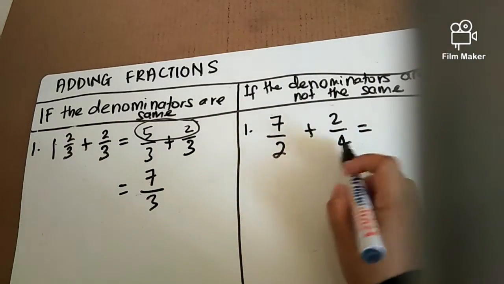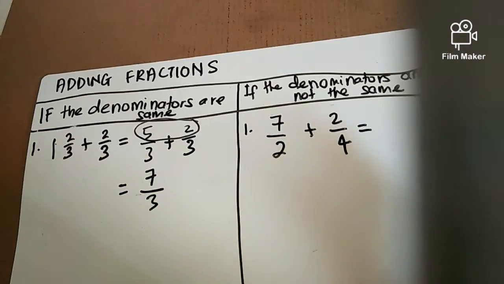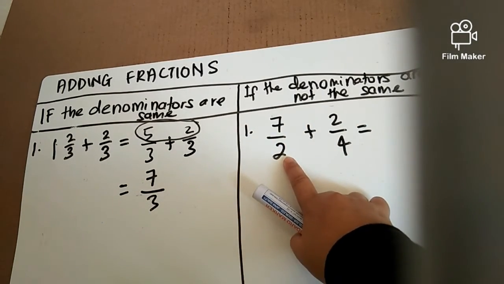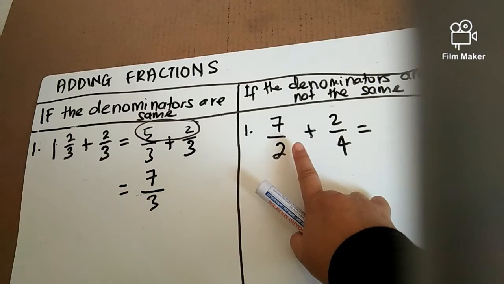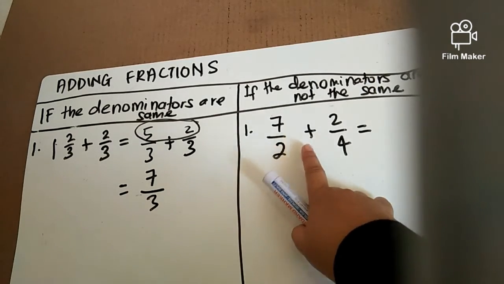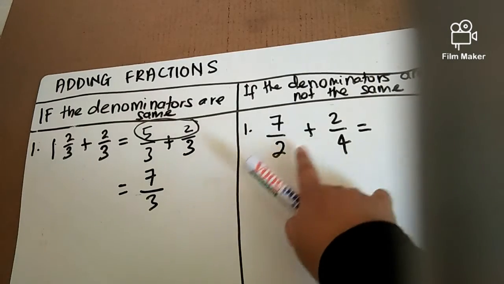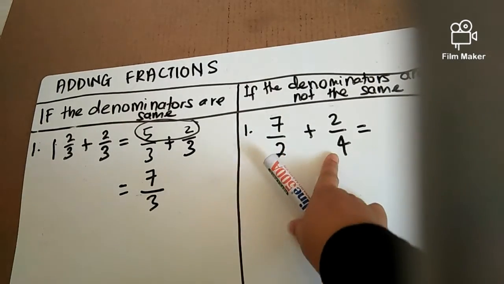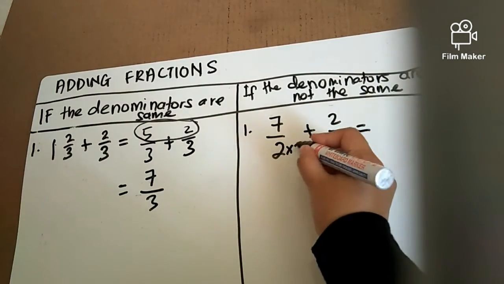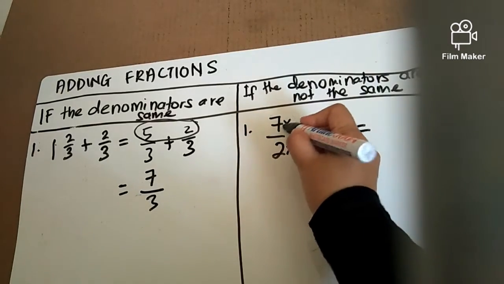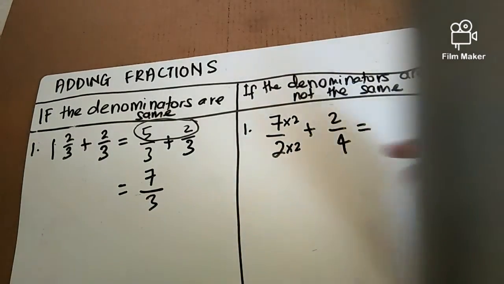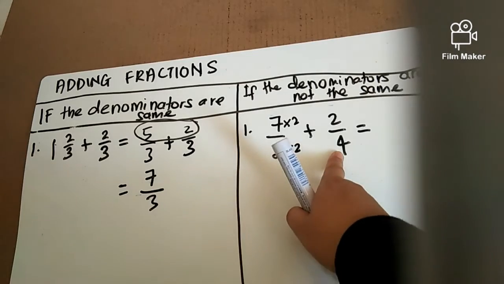How do you make the denominators the same? You find a multiplication table for number 2 that you can make it equal to 4. For example, what times 2 equals 4? 2 times 2. 2 times 2, 7 times 2. 2 times 2 equals 4.